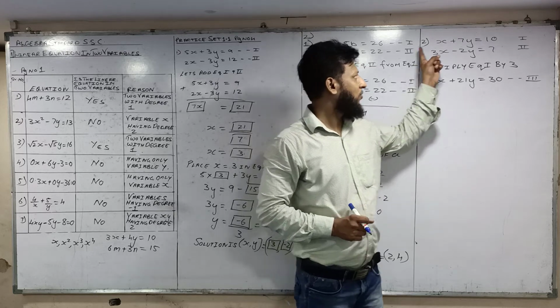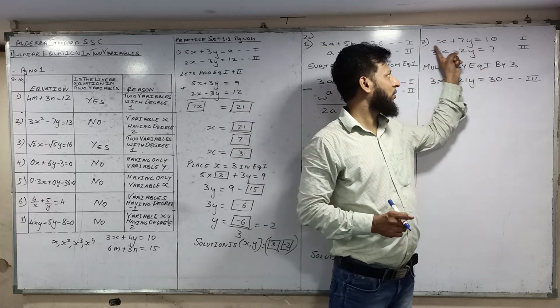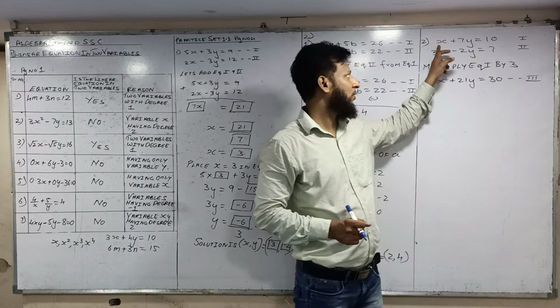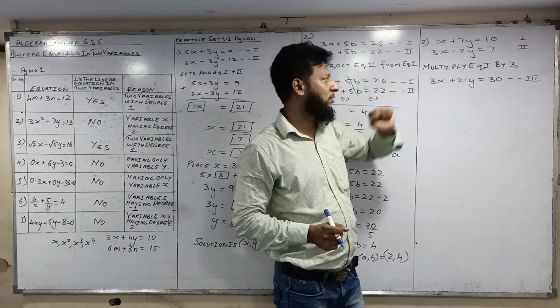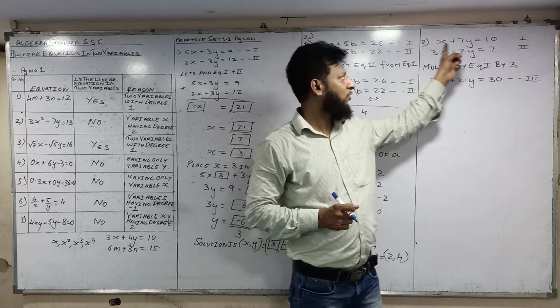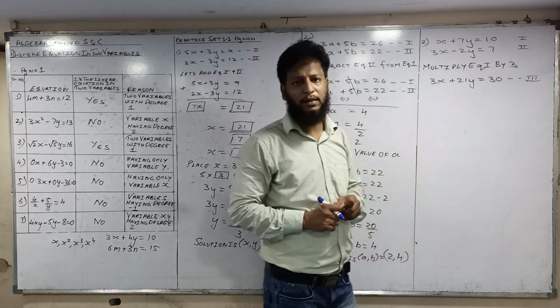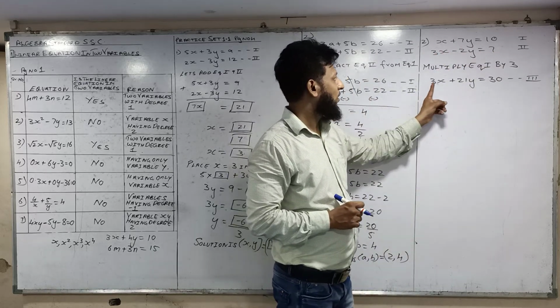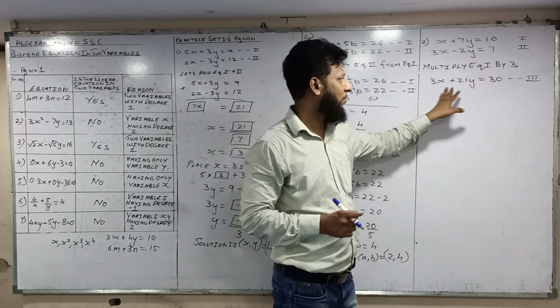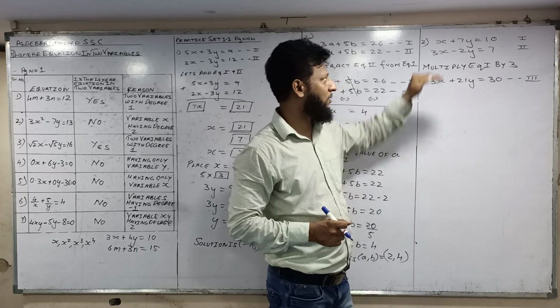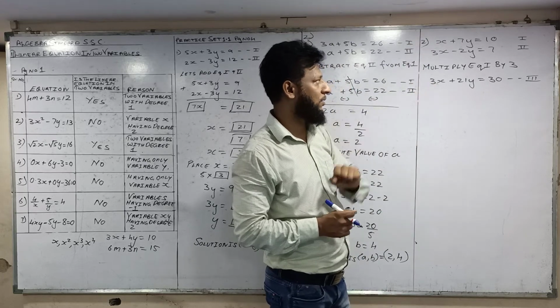I have to multiply the full equation by 3 because I want to make this 3x. So 3x, 3 sevens are 21 and 3 tens are 30. So now my new equation is this. From 1 I get this equation 3.